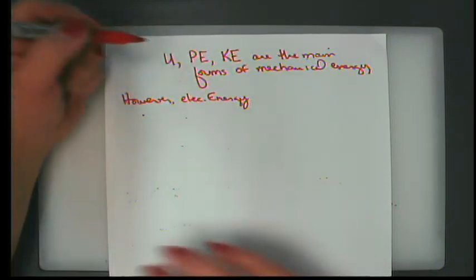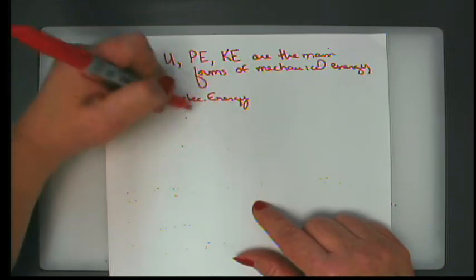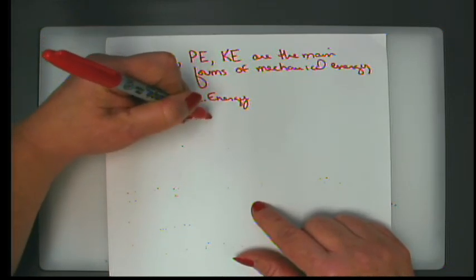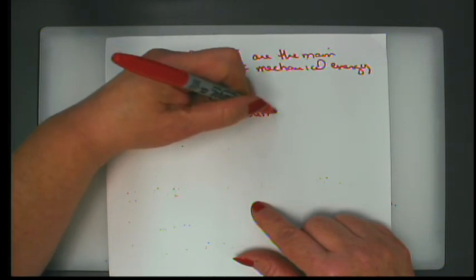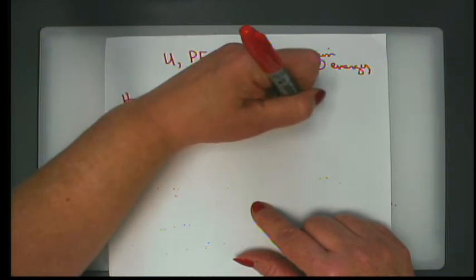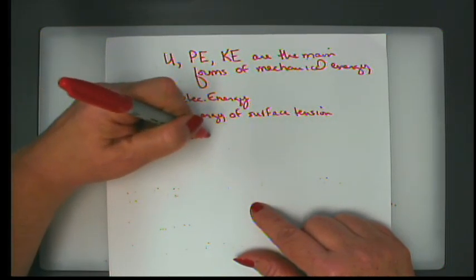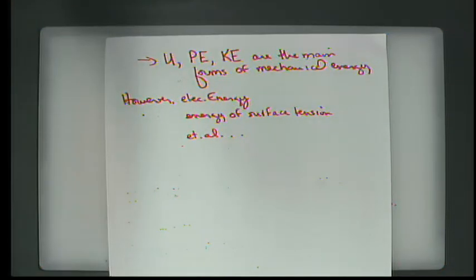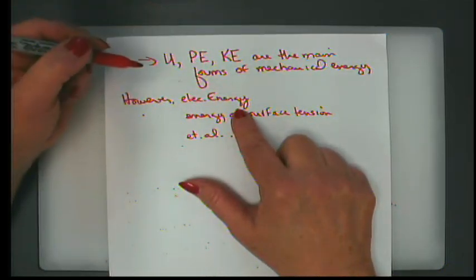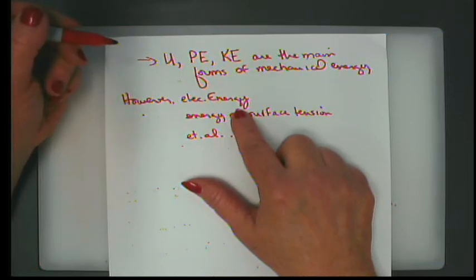We may also be concerned with one called the energy of surface tension, which is an interesting fluid property, which I'll describe in just a minute. I'll just put in a lot of other ones. These are the three that we're going to be talking about, along with heat and work, for the most part. Electrical energy, obviously, is just the flow of, or the ability to do work by, an electrical circuit.